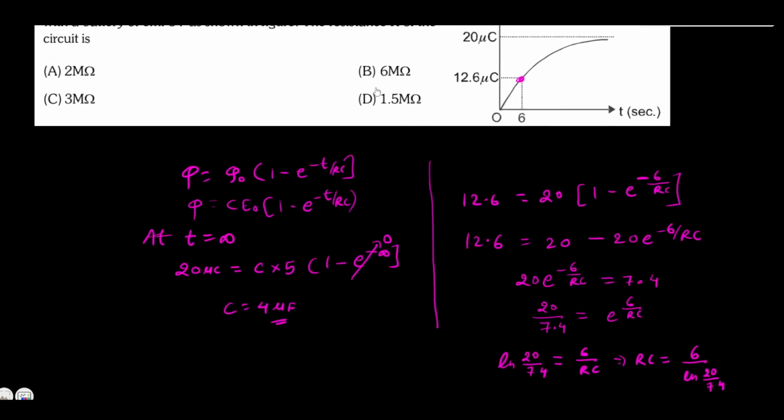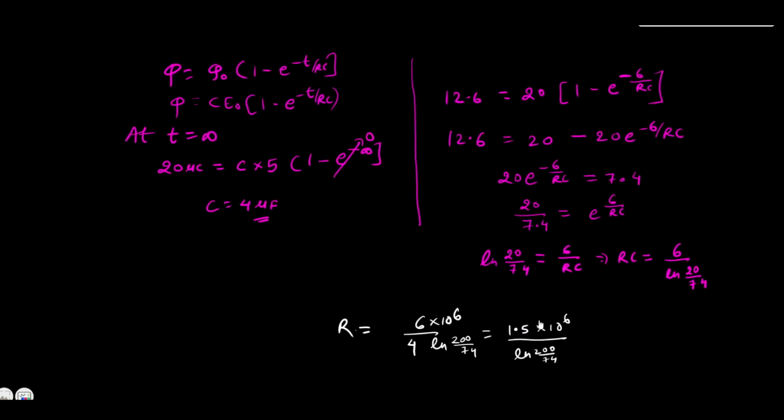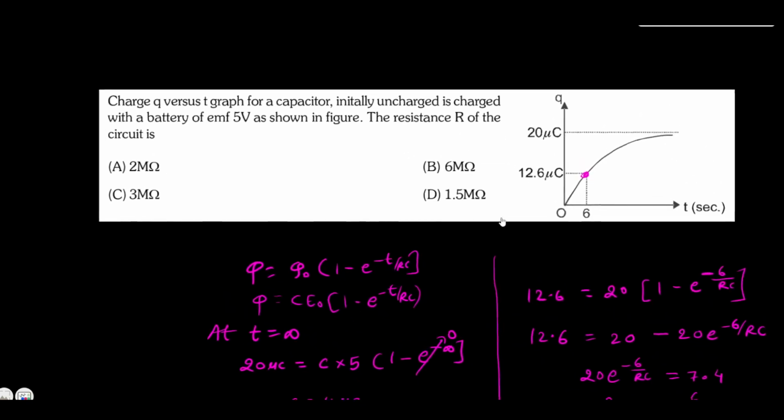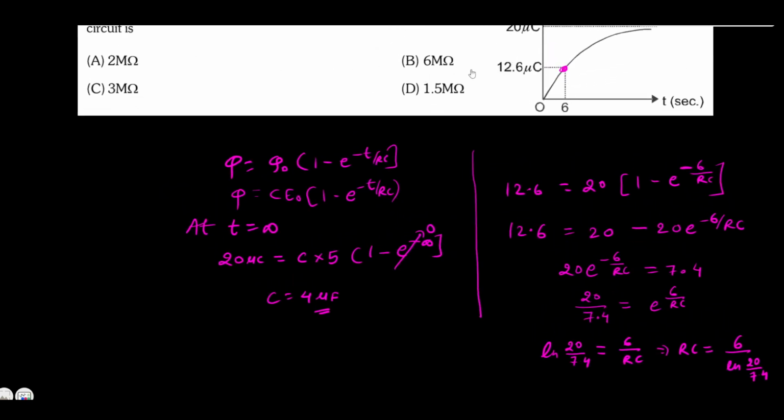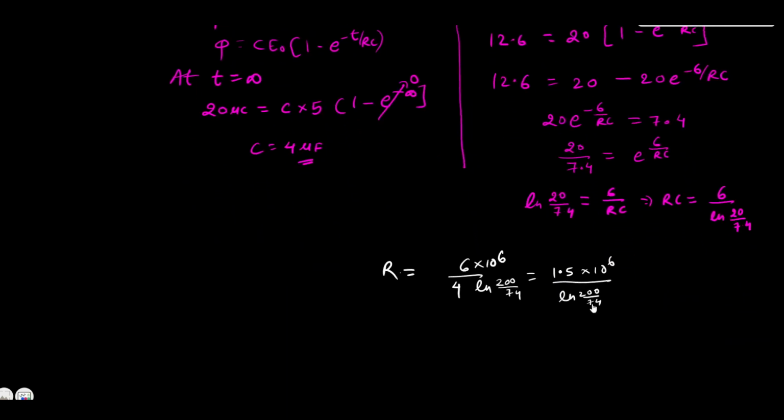So 1.5 is given. The value has been taken in such a way that we are getting a value which is not exactly this one, it is lesser than this one, and in the question resistance of the circuit they are asking, and none of the option is less than 1.5 mega ohm, and this value is slightly lesser than 1.5 mega ohm, and ln 200 by 74, if I calculate this value, then it comes around 0.999 something like that.